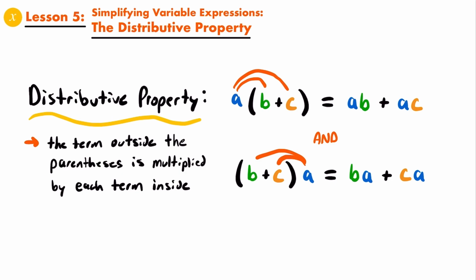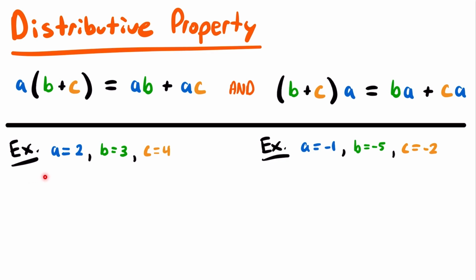Okay, so now let's take a look at an example where we're actually working with some real numbers for a, b, and c so that you can see that the distributive property is true. And so we'll start with this example right here, where a is equal to 2, b is equal to 3, and c is equal to 4. Let's use these three values for a, b, and c in this form of the distributive property and show that it is true.